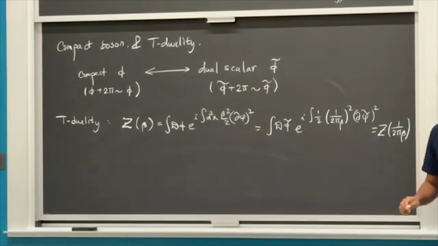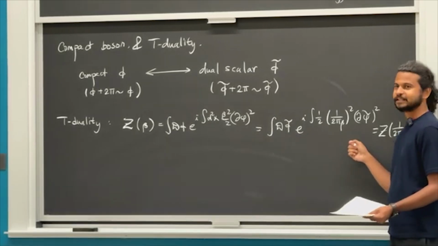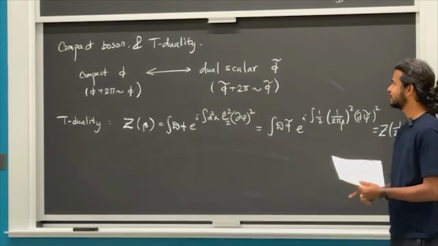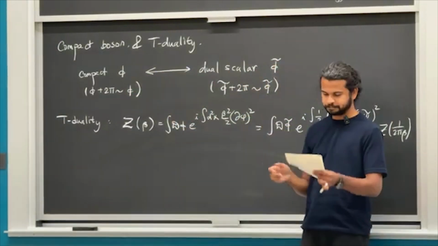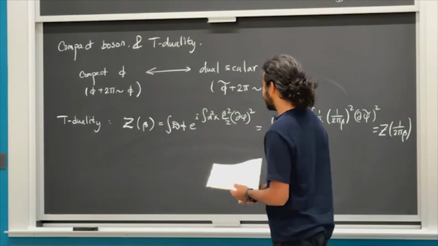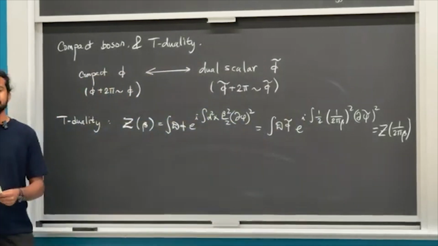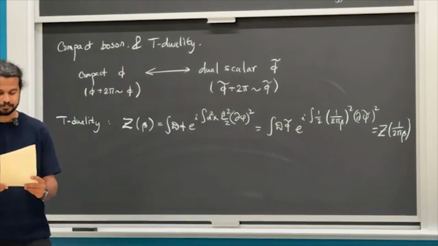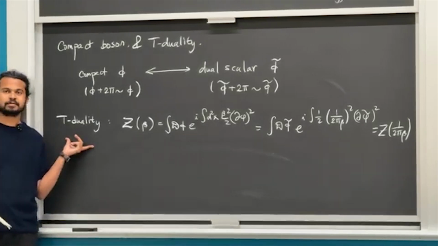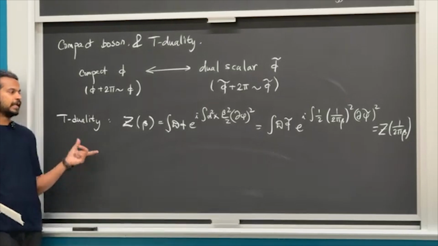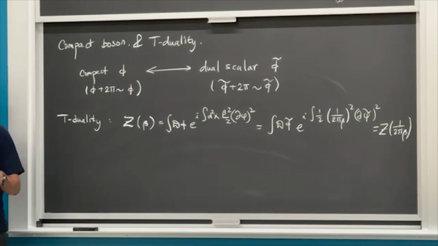And that was T-duality. So the fact that we are going to use from the last lecture is that the compact phi has a dual phi tilde. And also we saw that T-duality works at the spectrum level by exchanging the momentum and winding quantum numbers.